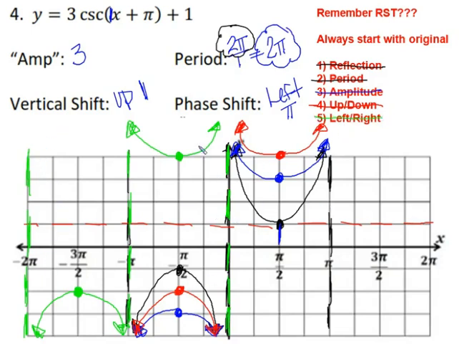So this green image is going to repeat itself over here, so that means we're going to have a minimum and another vertical asymptote that looks like this. And lastly, we should have a point right here with our U-shape going up, and another vertical asymptote right there.